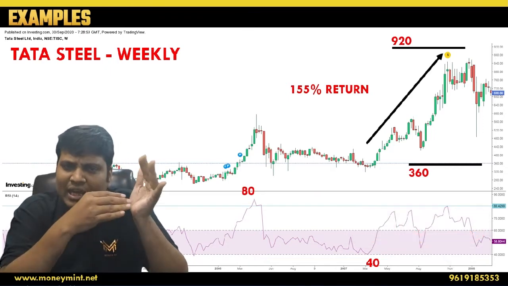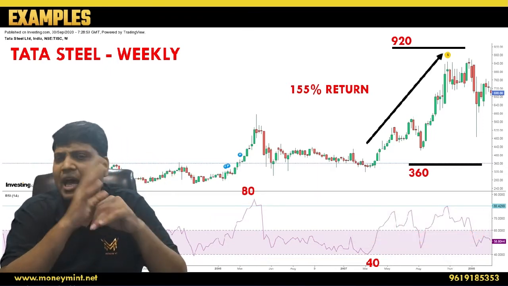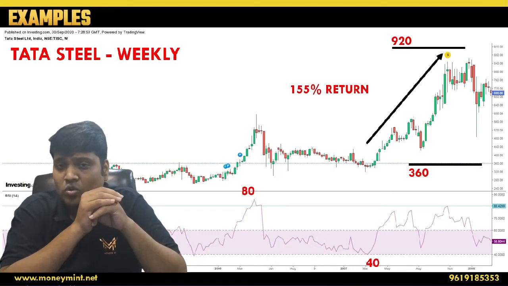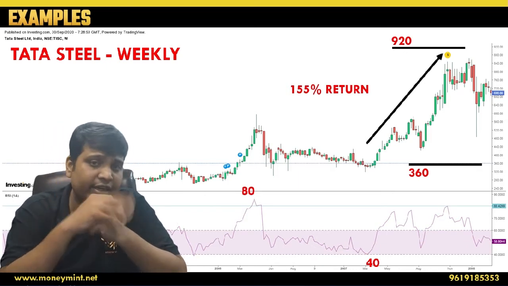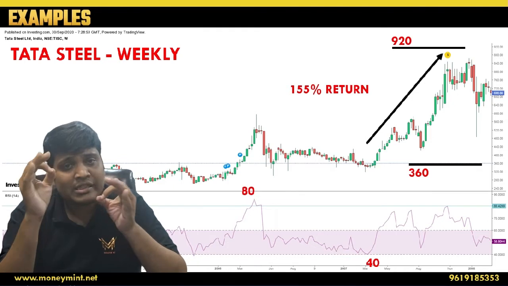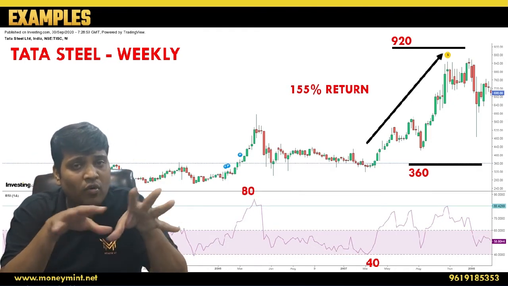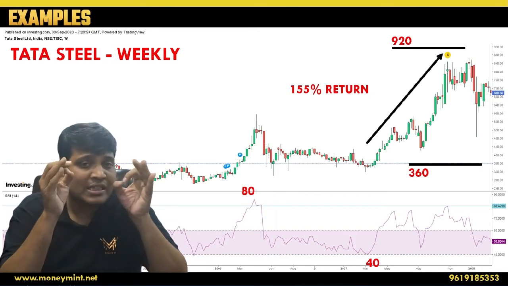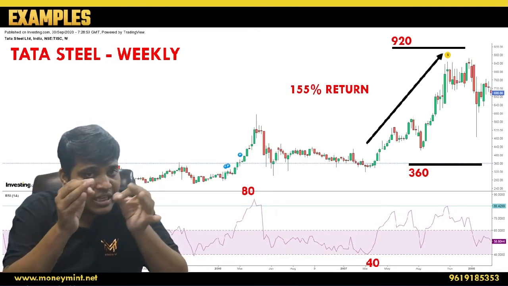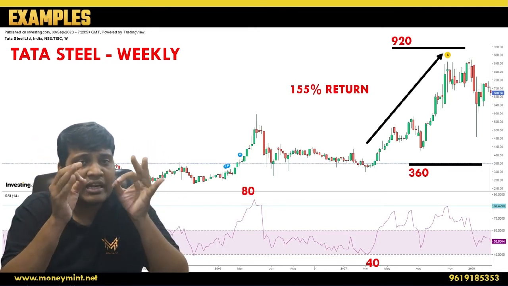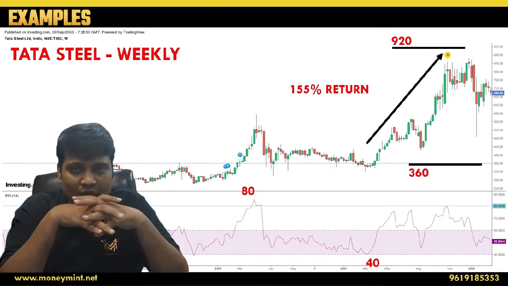Now once it went toward 80, it may happen by chance that I may not enter the rally when the RSI touches 80 for the first time. So how do I actually enter? Once the RSI touches 80, I should look for the 40 level. Once the market comes near the 40 level, that is a good zone to buy.